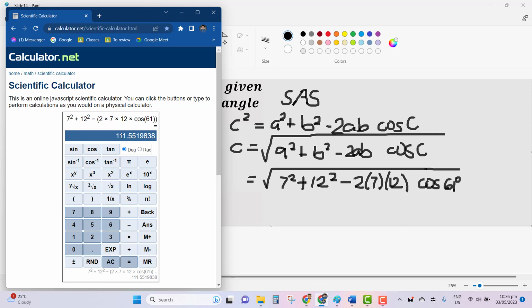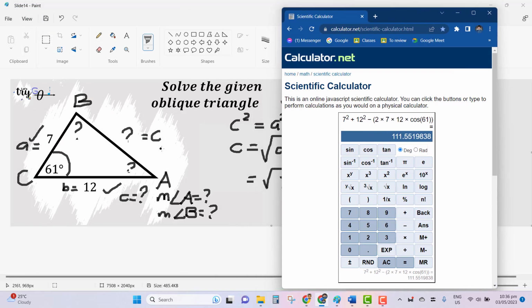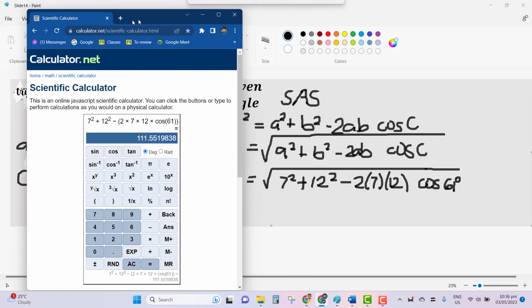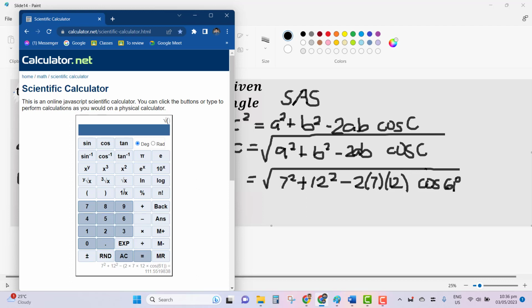But this is not yet the correct answer because we need to take the square root of this. Don't forget that if you're going to take the root of a number, it could be either positive or negative, but since C is the measurement of a side, we are sure that it is positive. So let's simply take the square root of the answer, push equal sign, and you will get this result.